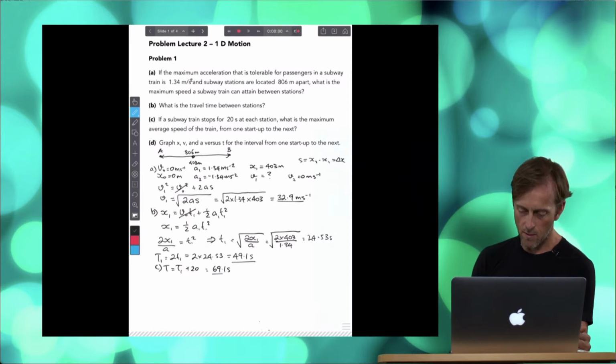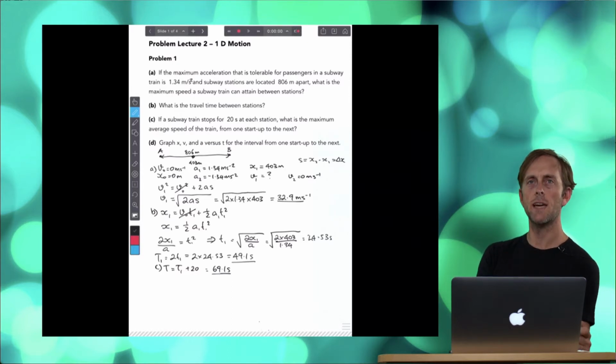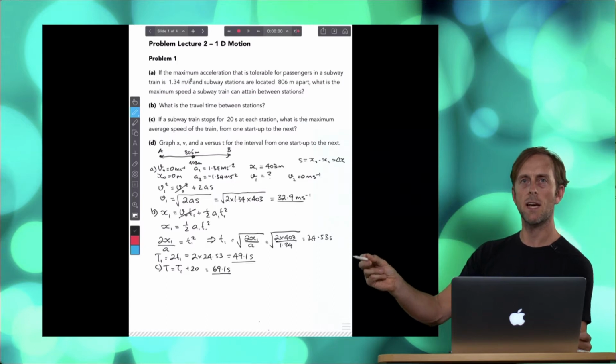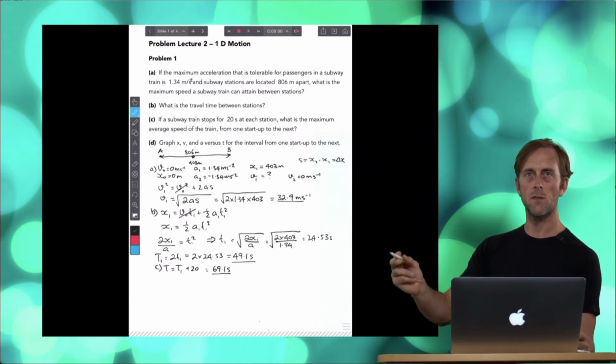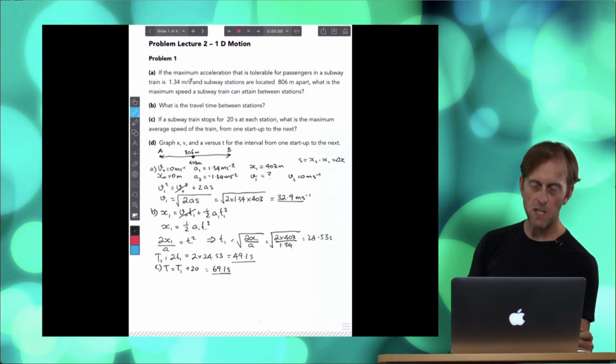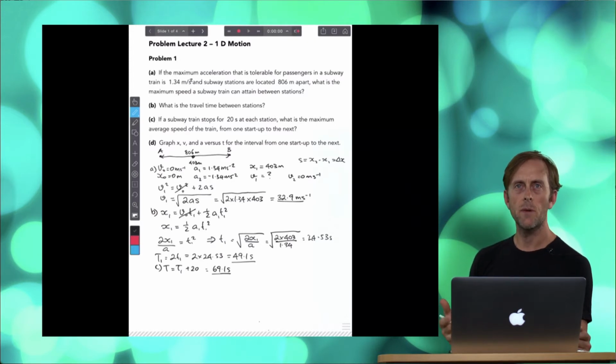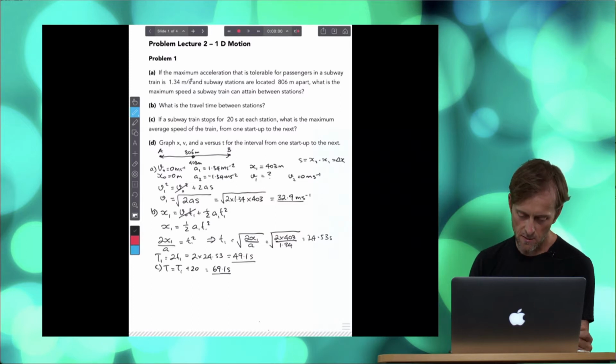That's how long basically it is before you take off, you wait for 20 seconds in the station, you take off again. So for one iteration, it's 69.1 seconds. So then you can work out it's 803 meters for the displacement. So let's call it S is 806 meters for the entire journey.